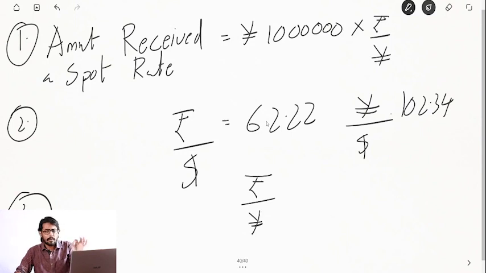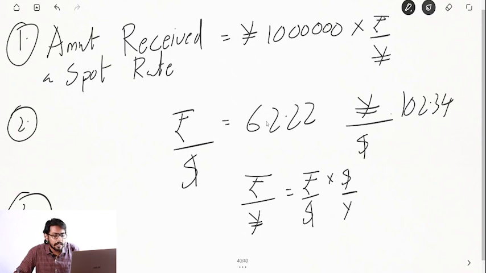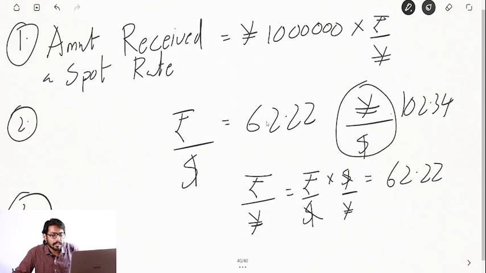Please write notes neatly. Working note, cross rates: rupee by yen is equal to rupee by dollar into dollar by yen. Dollar and dollar get cancelled. Rupee by dollar is 62.22. Dollar by yen is not given. You have yen by dollar, so you take the reverse, divided by 102.34.